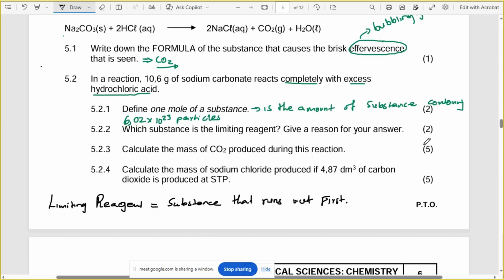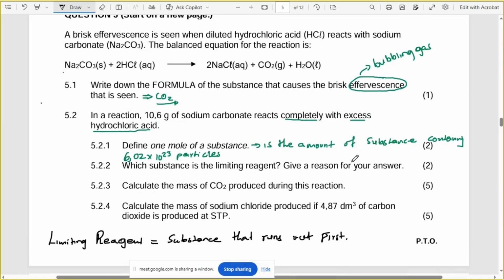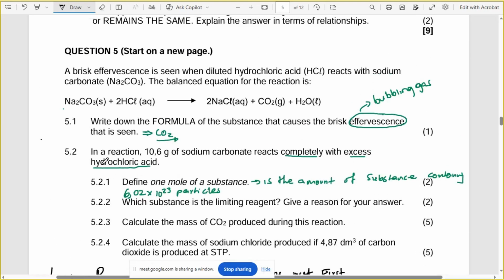If you look at this, give a reason for your answer. Look at the statement. They said that in a reaction, 10 grams of sodium carbonate, the formula for sodium carbonate is Na2CO3. They say it reacts completely with excess.